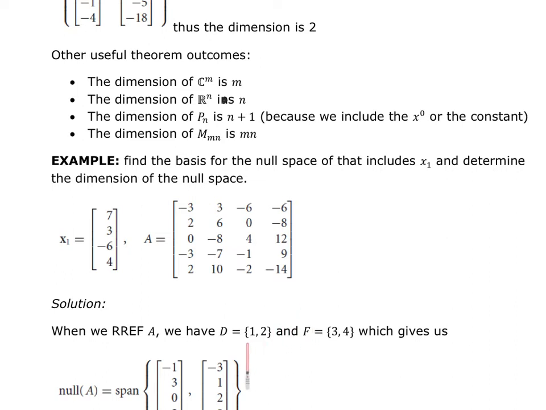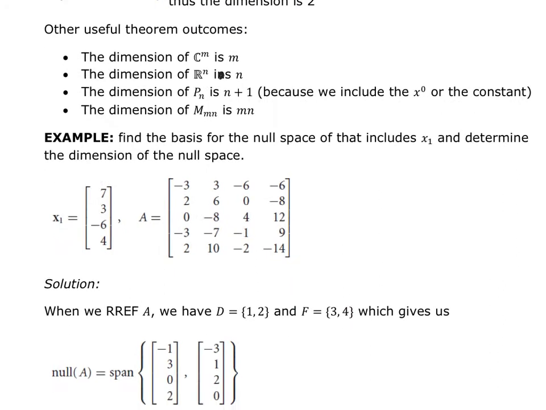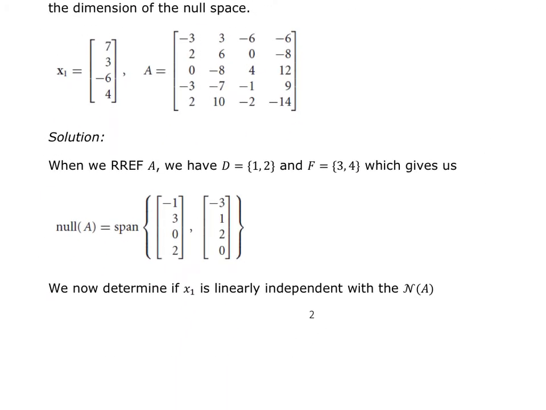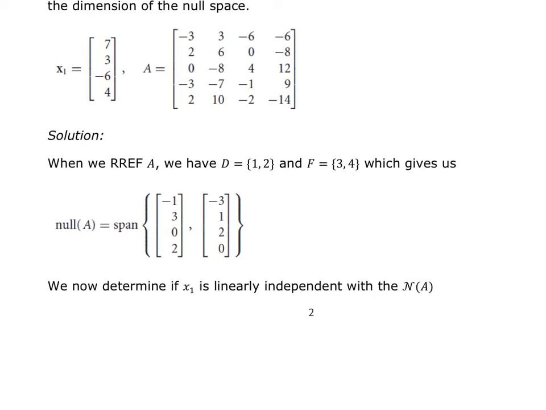And then when we do that, we're going to find that our dependent columns, or the ones where the pivots are, are 1 and 2, and the ones that are the independent or free variables are 3 and 4. So 3 and 4 are linearly dependent on the first two. And then I get my null space. Now my null space then is 1, negative 1, 3, 0, 2, negative 3, 1, 2, 0.